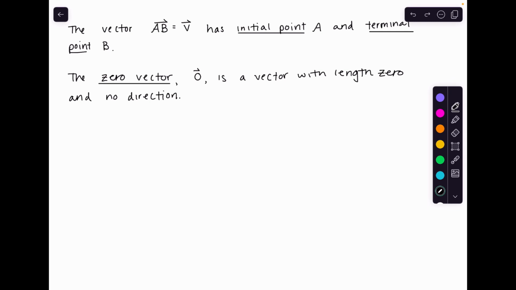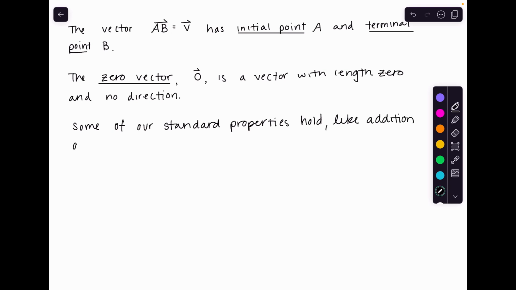Just to summarize, some of our standard properties hold, like addition and subtraction. But we can't multiply or divide two vectors.